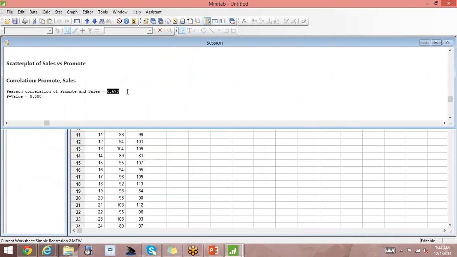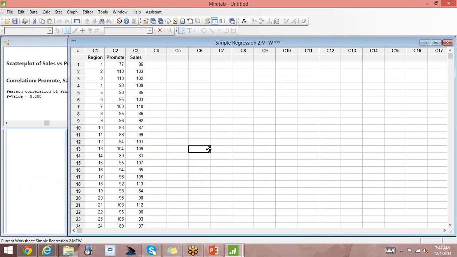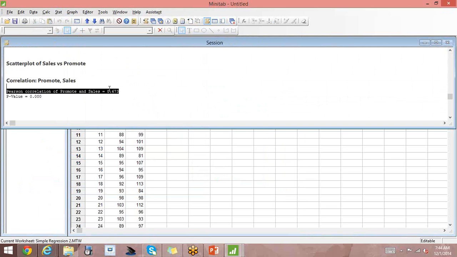It is 0.673, which is okay. Not strong, but there is a positive correlation. That is what we can conclude by looking at this value, 0.673. There is a positive relationship, not strong positive, but a positive relationship. That is what we conclude.